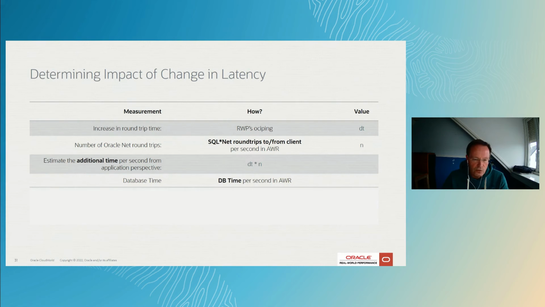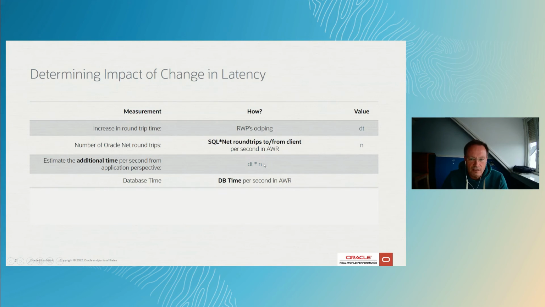So what you then want to do is get an idea of this increase in latency, assuming it's an increase, and how much of an impact that has on your total database workload. If you know the delta T increase in your latency and you know the number of round trips per second, that was the 10,000 I showed you earlier, which we get from the AWR, you can multiply those and you get an estimate of the additional time per second from the application perspective.